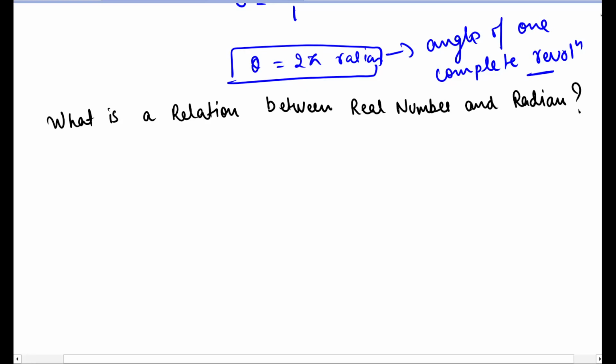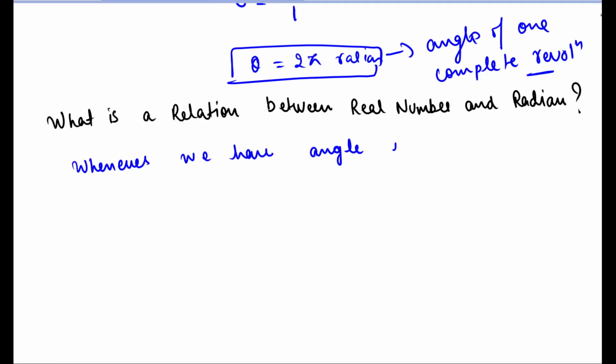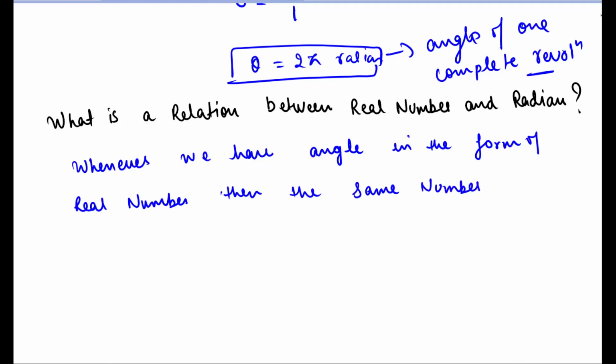Whenever we have an angle in the form of a real number, then the same number is taken as the measure of the angle in radians.